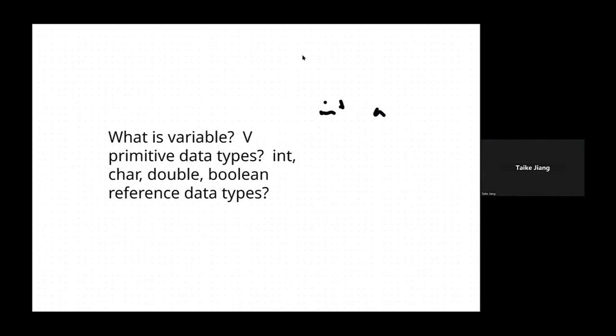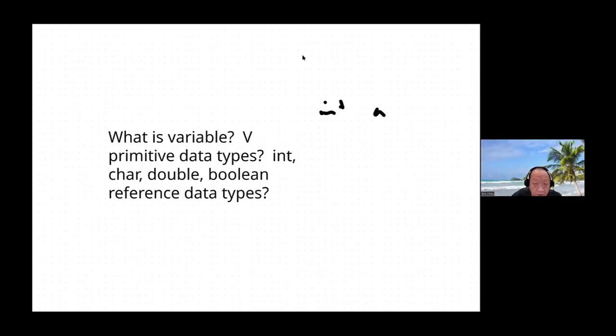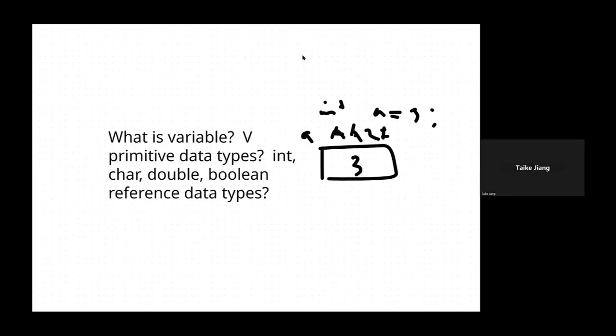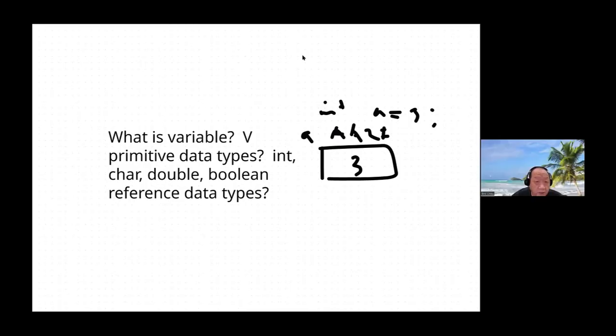Then you will have a memory location named a, and its memory address may be AA2F something. There's some address, but you put the value of 3 right in the memory location. This we call a primitive data type.